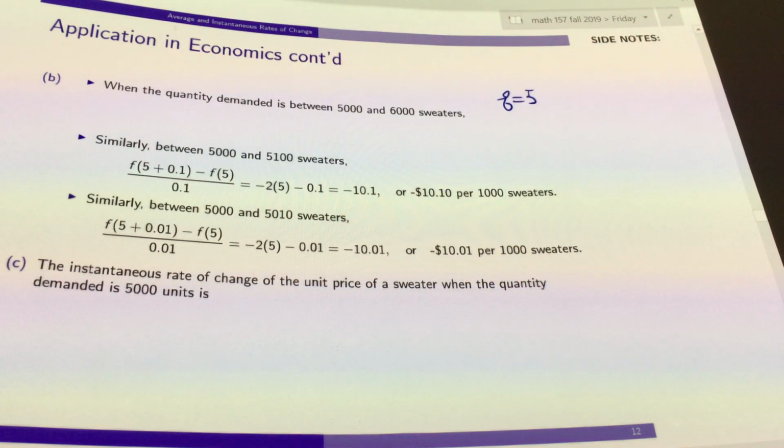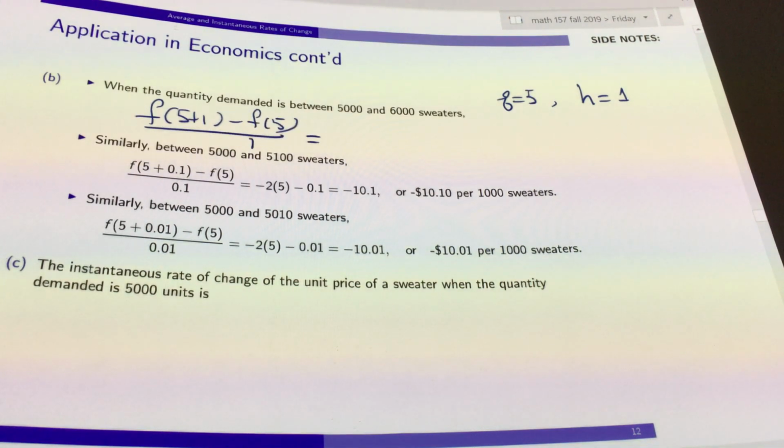Now Q is not equal to 5,000 because my unit is in thousands, so you should change back. And what is h? h is the difference of this, so it's 1,000. Okay? So therefore, I can now substitute back into my formula.